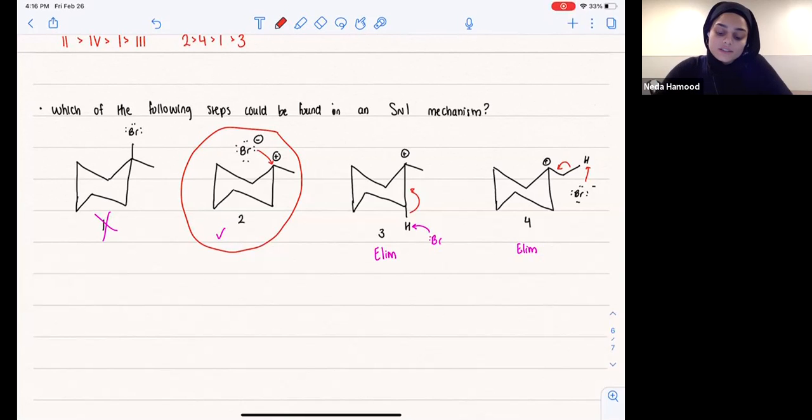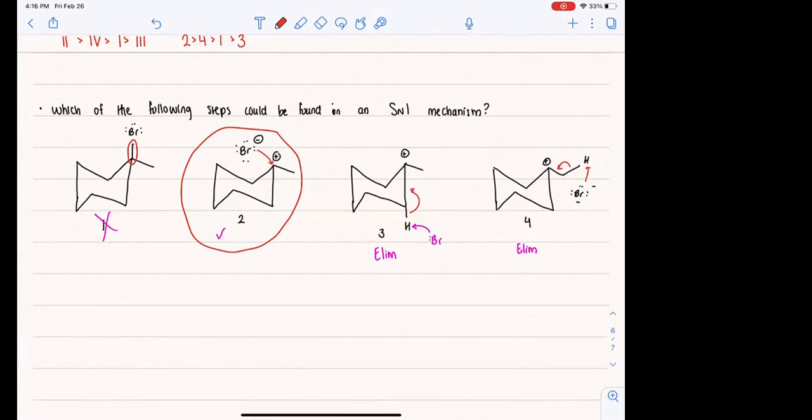Okay, so the bromine here is on an axial position, so it wouldn't be able to react, or it would react? He said it would react. But for number 2, you're showing the bromine reacting with that carbocation, and wouldn't that then become axial and not be stable?